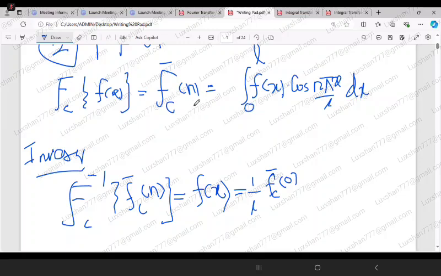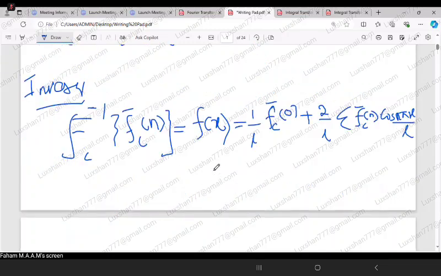That means that in this function you have to put n equals 0. Plus 2 over L summation f bar c n cos n pi x over L. So here we know that f bar c is equal to the integration from 0 to L.